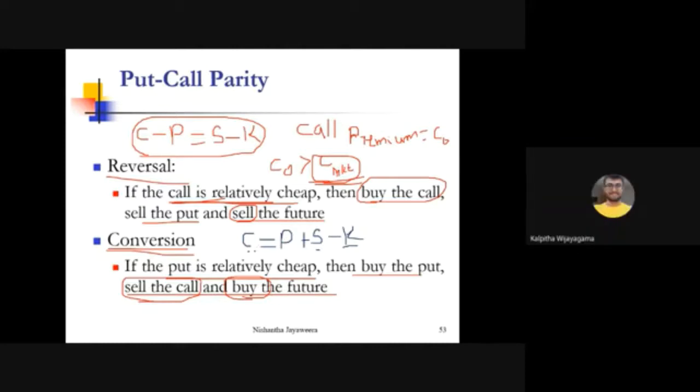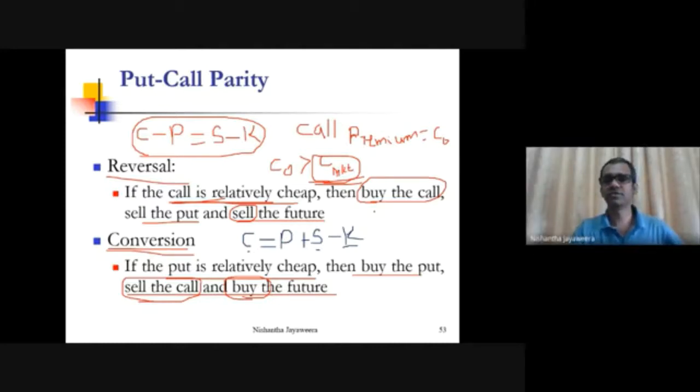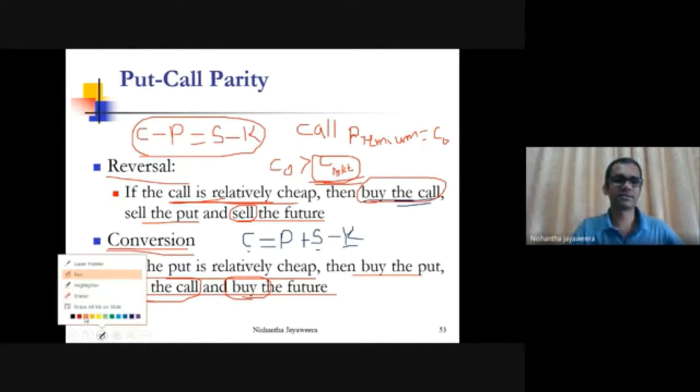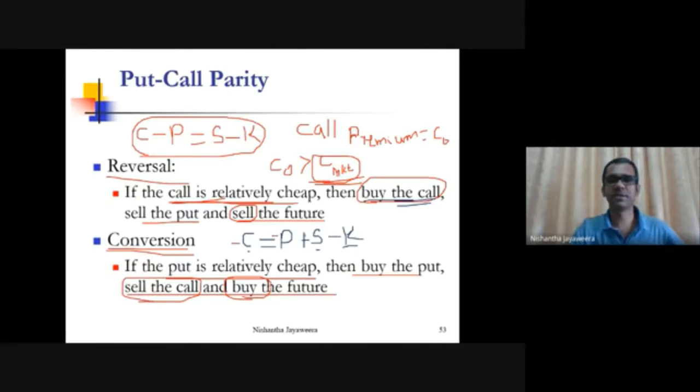But here you want a short call. You have to sell the call because you have already bought. So short call means you put minus signs here. Then this becomes minus, this becomes minus, this becomes plus. So you sell the put, you sell the future.